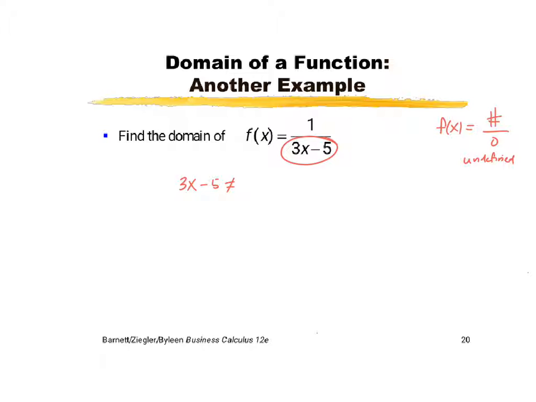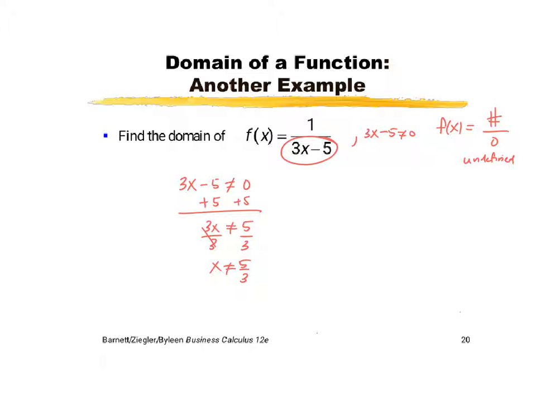So we'll say 3x minus 5 cannot be 0 in this case. And so you can solve this, or you can just solve for x. And we get 3x cannot be equal to 5. If we divide by 3, we get x cannot equal 5/3. Okay?